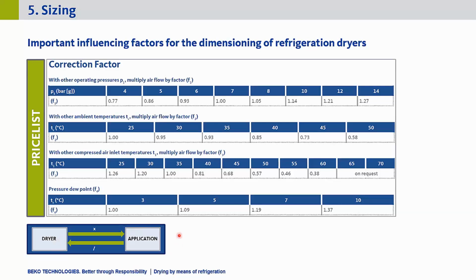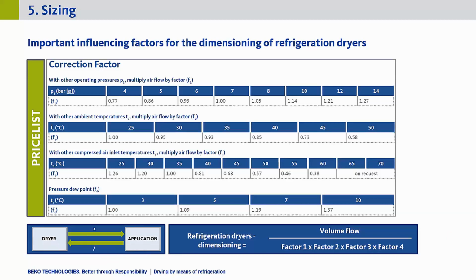But as soon as you have the application and want to select a dryer, so you do not have a dryer and you want to select one, you have to divide by the correction factors. That is very important. So selecting or sizing always, dividing by the correction factors. So this means if you want to dimension a refrigeration dryer, this means the volume flow that the dryer is able to treat, which you get from the price list.